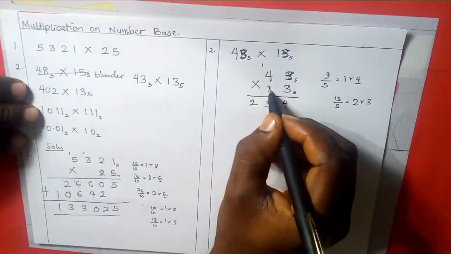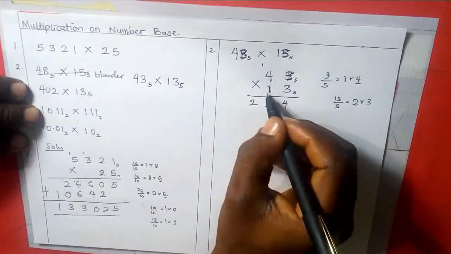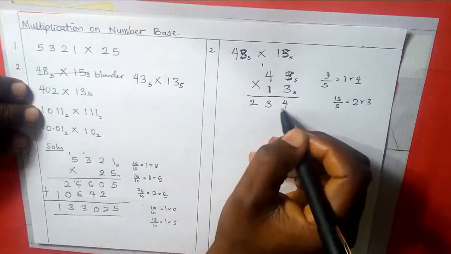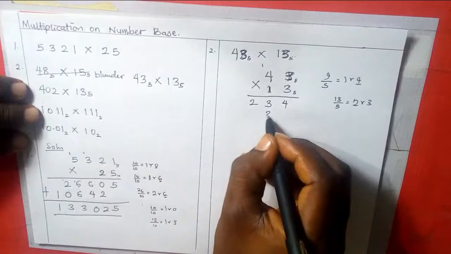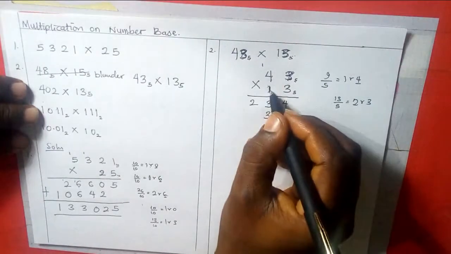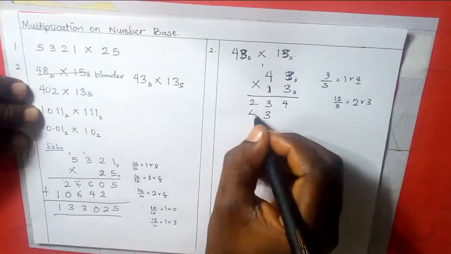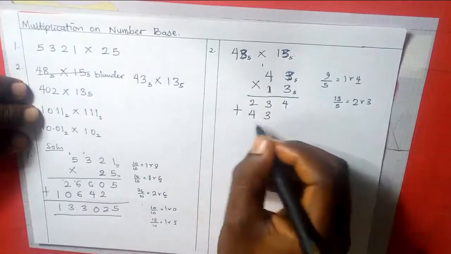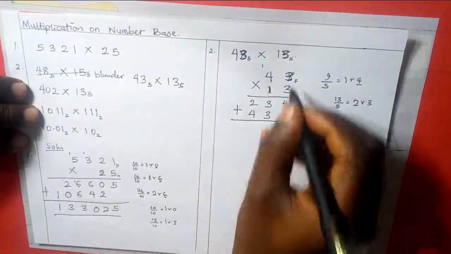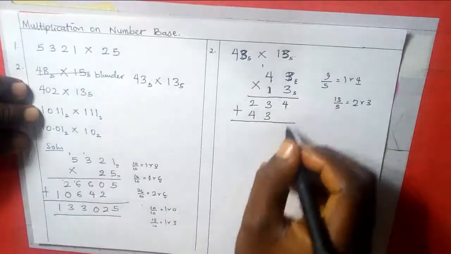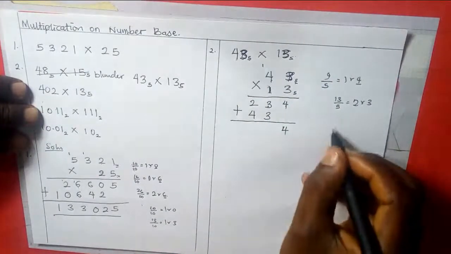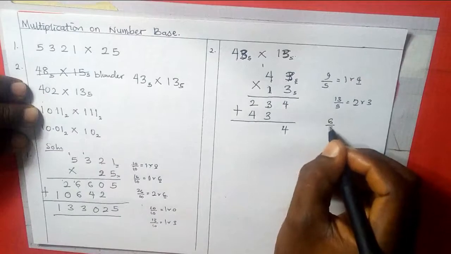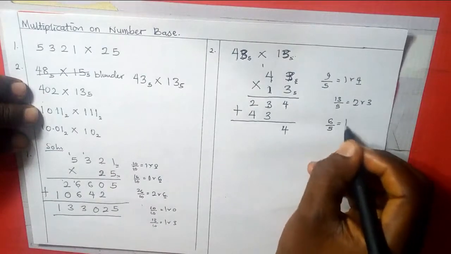So I will use this to multiply: 1 times 3, I have 3. I will indent it by 1 place value. So 1 times 3, 3. I'll write the 3 under the tens. Then I'll have 1 times 4, I have 4. So I'll add it together. Remember our addition is in base 5. So when I add this and this together, I get 6. 6 divided by the base, I have 1, remainder 1.